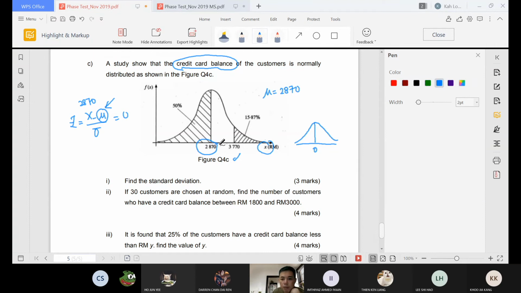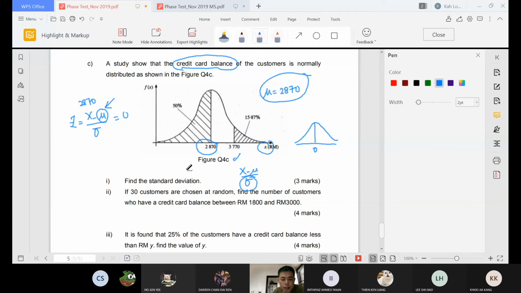It's 2870. So therefore, your mu itself is 2870. Remember this. Now this question wants you to find the standard deviation. You see, X minus mu over sigma. I want you to find the sigma.